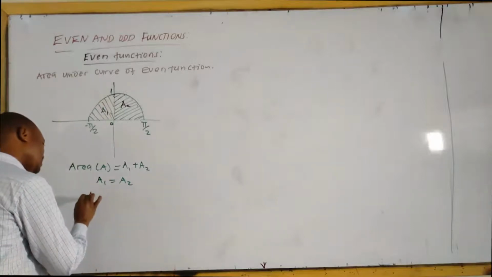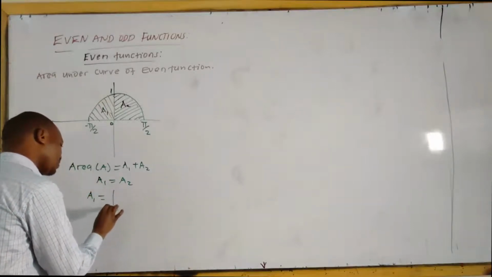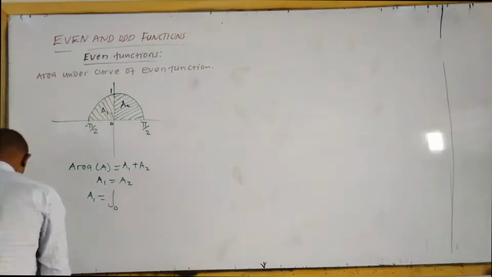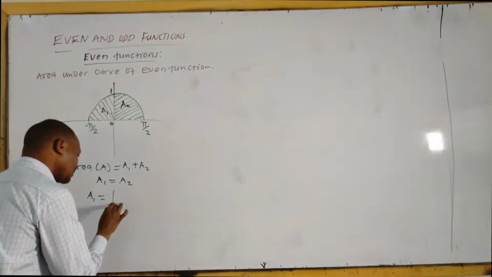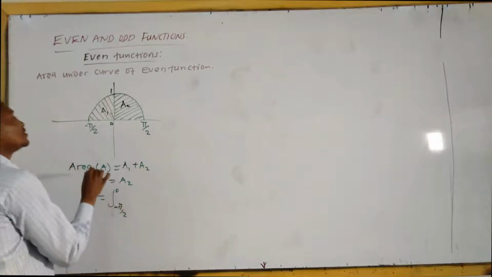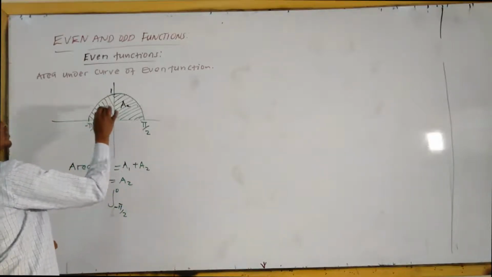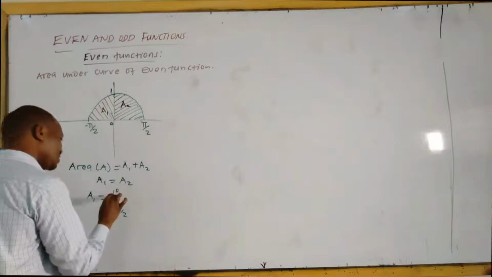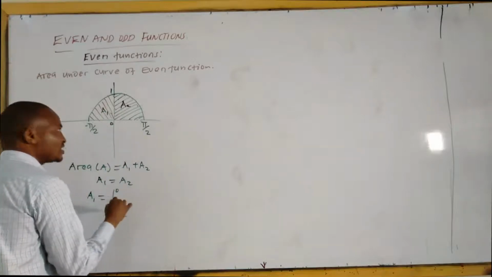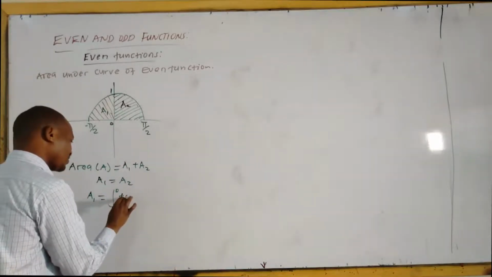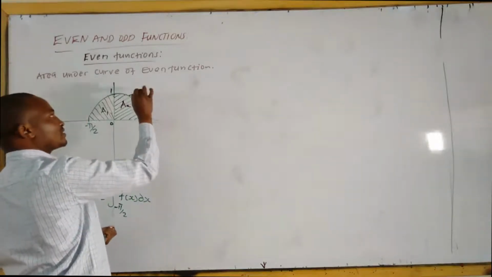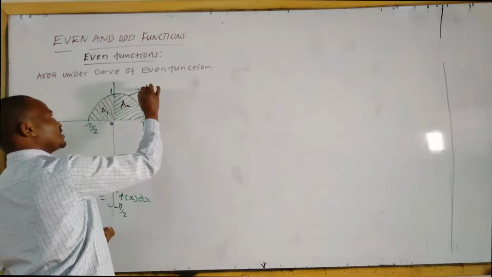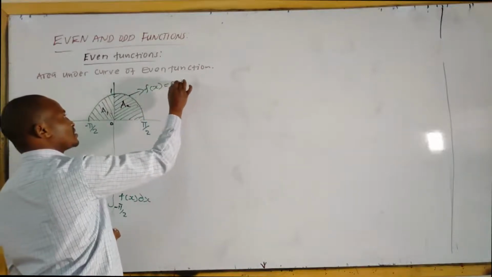Area 1 is equal to the integral from negative pi over 2 to 0 of the function of x with respect to x. Not cos 2x, but cos x. This function of x is equal to cos x.